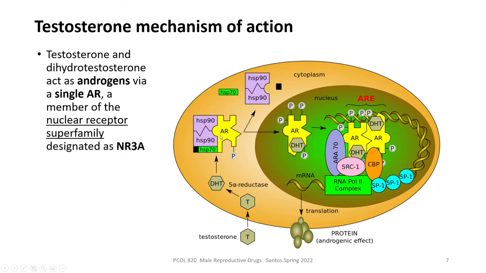They are normally associated with heat shock proteins, and they have to translocate into the nucleus in order to promote changes in the transcription of a series of elements that we call androgen response elements, just like we saw for estrogen response elements. And that will determine the production of specific proteins according to the target cell that testosterone binds to.